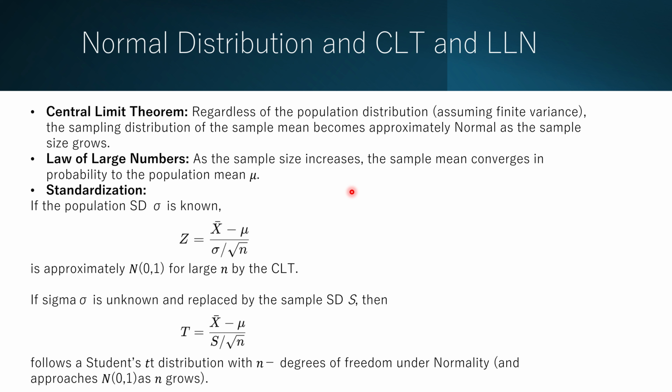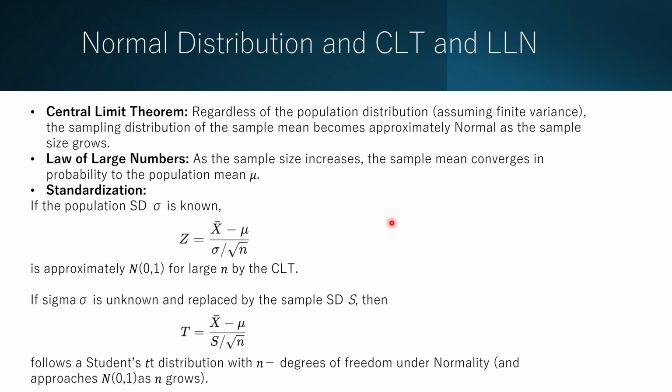Now let's connect these to two key theorems, the central limit theorem and the law of large numbers. The CLT says that no matter what the population looks like, the sampling distribution of the sample mean becomes approximately normal as the sample size increases. And the LLN says that as n grows, the sample mean converges to the population mean.